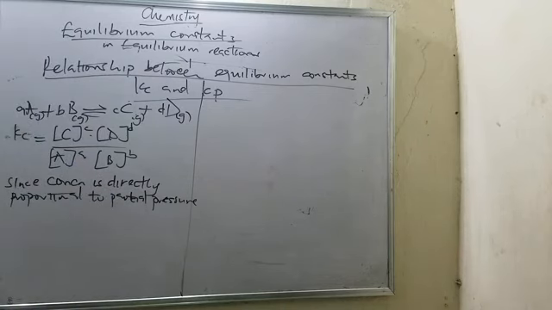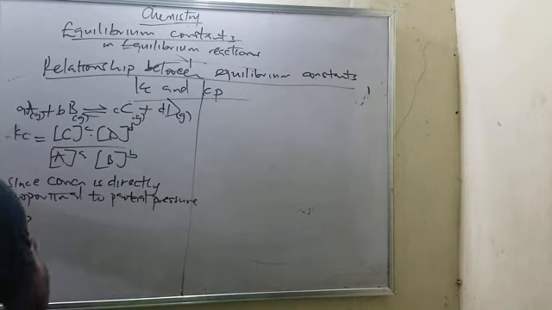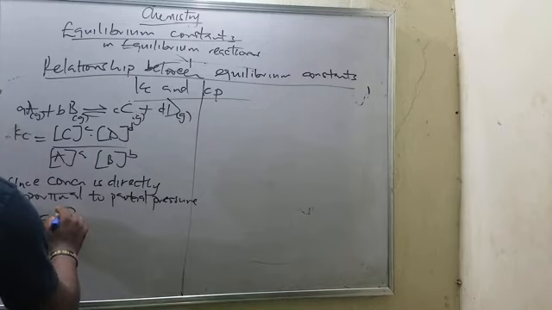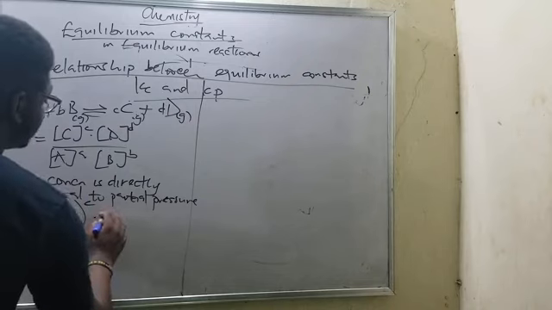So we'll be expressing them in the form of partial pressure, where we have Kp as a proportionality constant for pressure to be Pc raised to the power of C, and I'm not using square brackets because I'm not talking of concentration now.